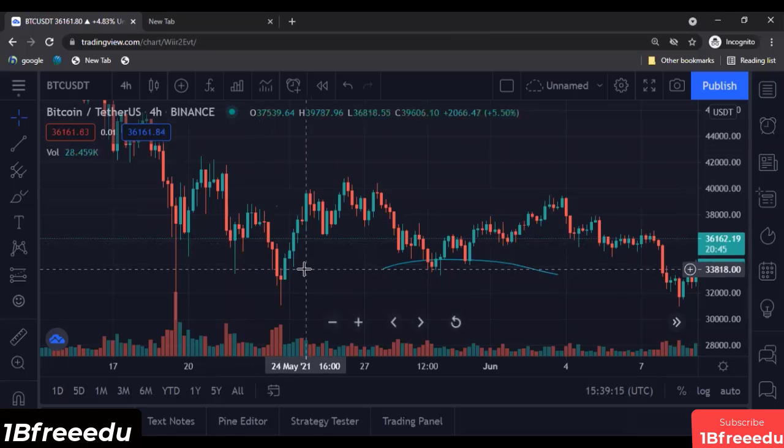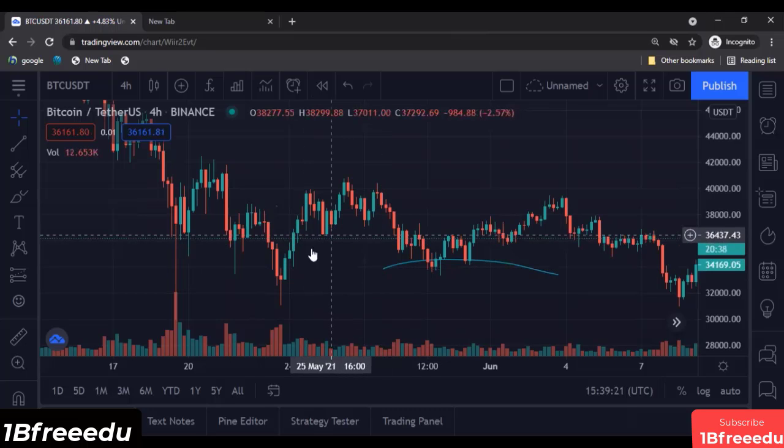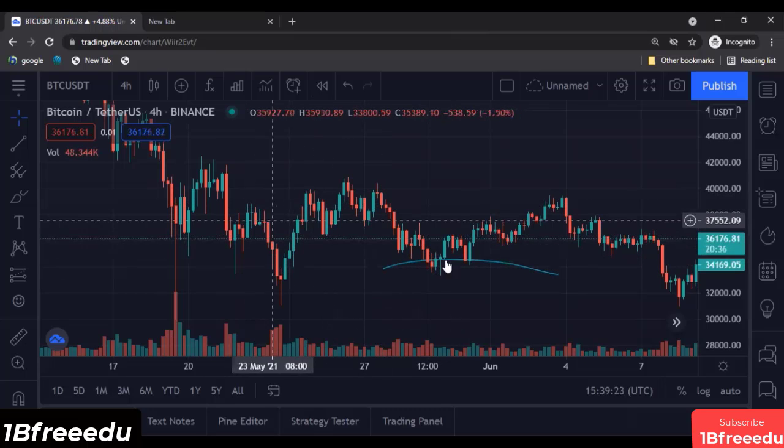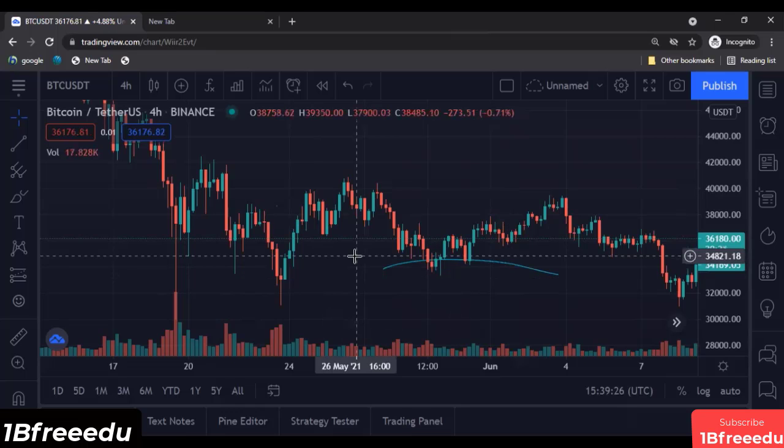I finally found one where this principle can be seen clearly, and that is where we can see the prices would move down. So here it is.